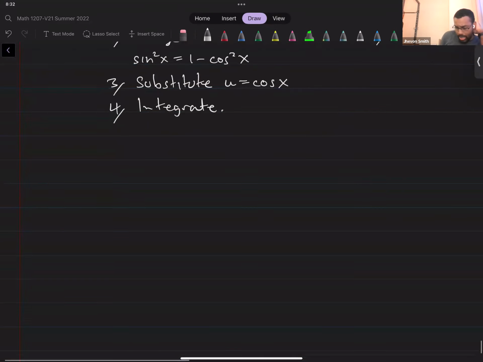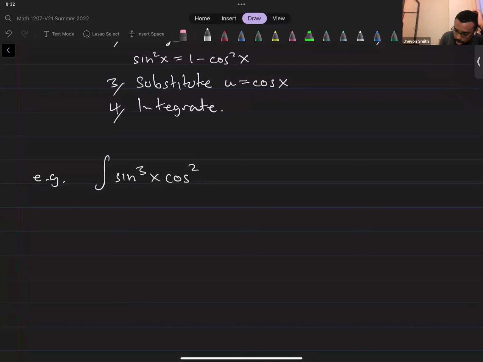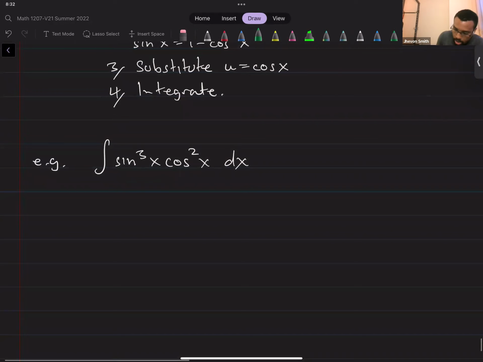So let's do an example here. Let's say I ask you to integrate sine cubed x times cosine squared x. You have an odd power of sine and an even power of cosine. So first thing you're going to do, save a factor of sine.